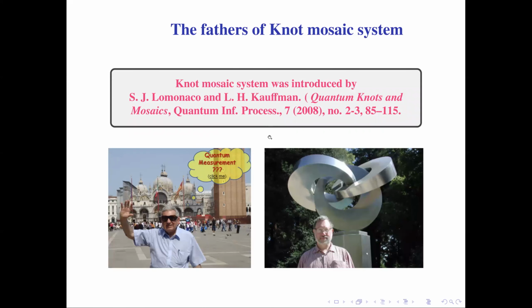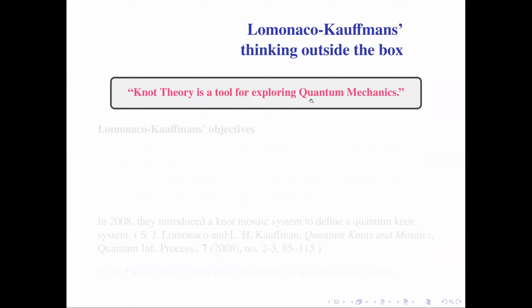In 2008, Lomonaco and Kaufman introduced the knot mosaic system in the paper Quantum Knots and Mosaics. The theoretical background, why they considered the system, dates back to modern physics. Quantum mechanics is a theory that explains the movement of infinitesimal particles such as atoms and electrons.